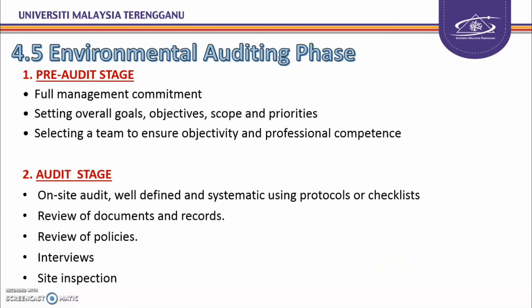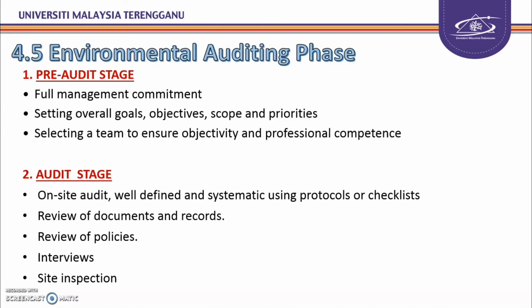Let's go to the auditing phase. How many phases do we need when we want to conduct an audit session? We actually have 3 stages of auditing phase. The first one is the pre-audit stage, the second one is the audit stage, and the third one is the post-audit stage. So what happens during the pre-audit stage? It requires full management commitment.